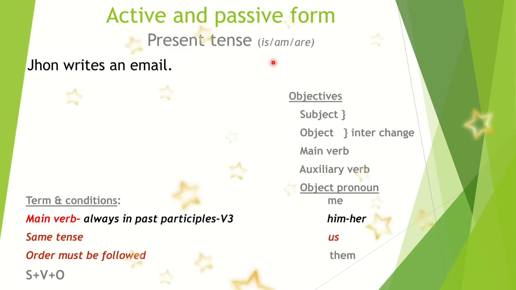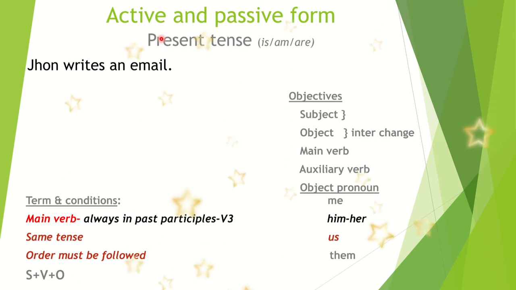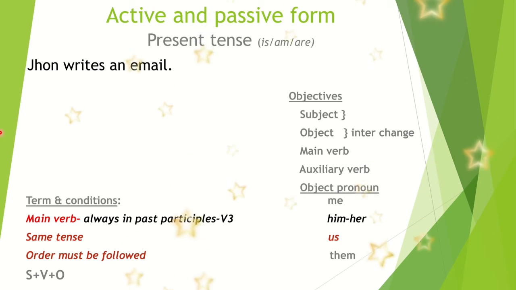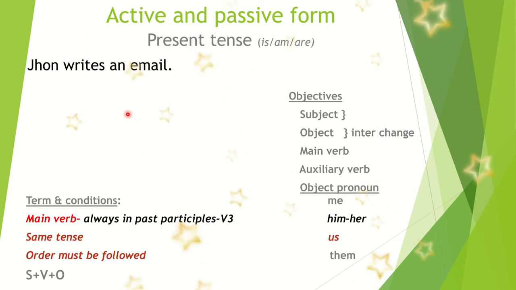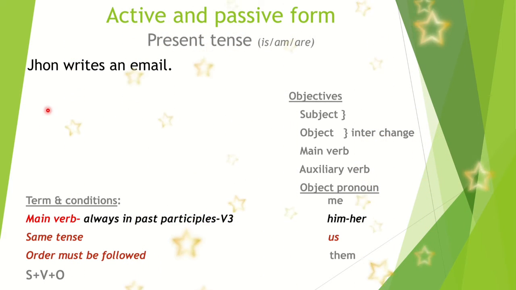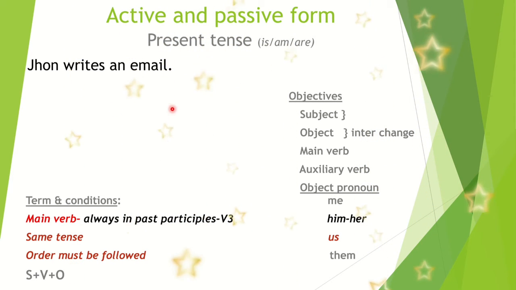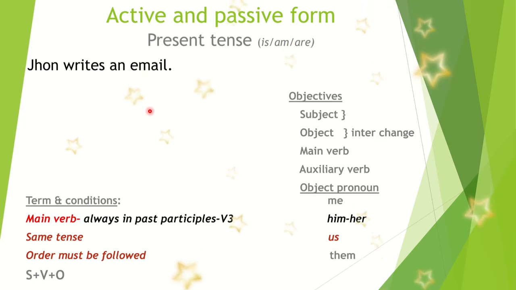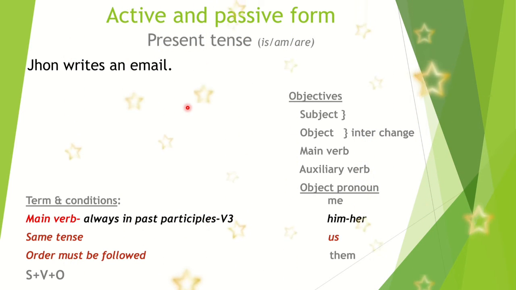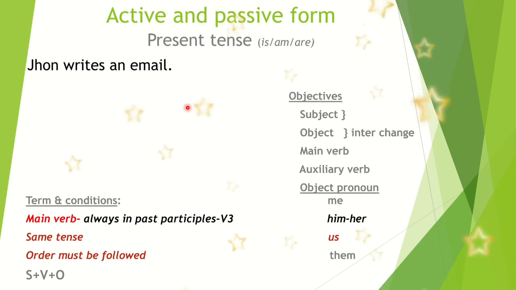You should make the passive voice in the same tense. For example, while you make present tense, then your active voice sentence should be in the present tense. So, while you make the passive voice, you should also make the passive voice sentence in the present tense.